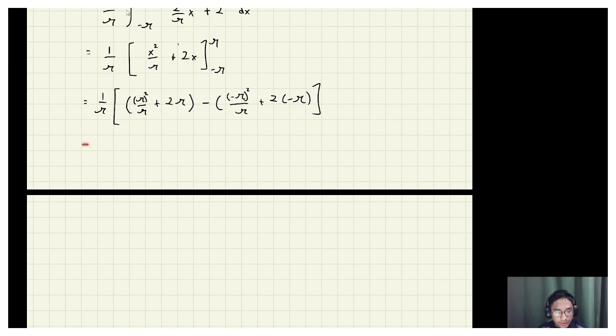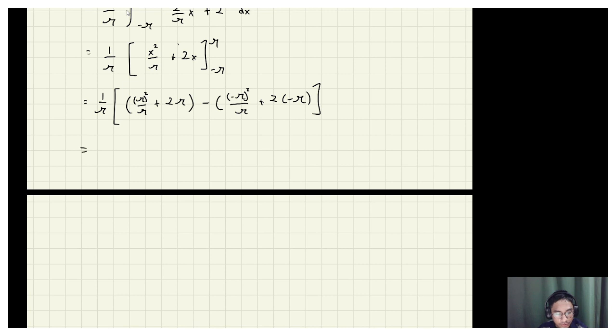So when we substitute, we get 1 over pi times the bracket pi squared over pi plus 2 pi, minus the limit for negative pi, which is negative pi squared over pi plus 2 times negative pi.